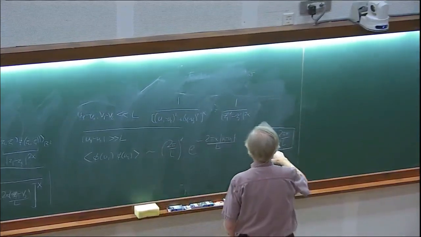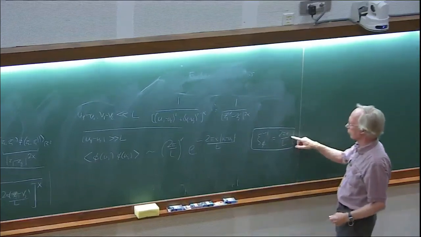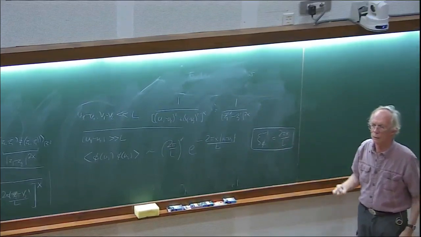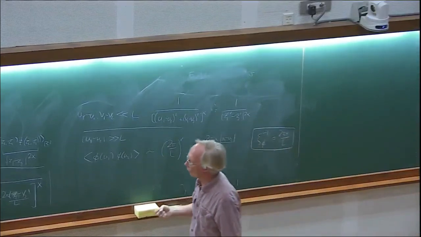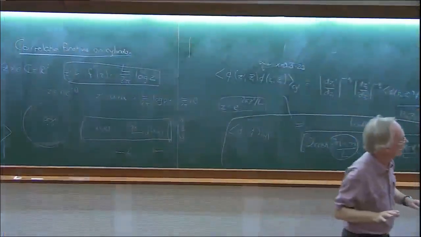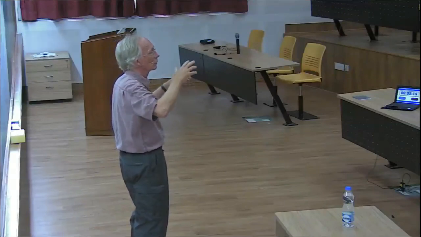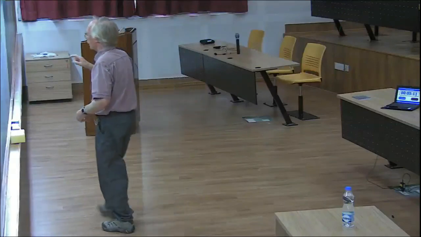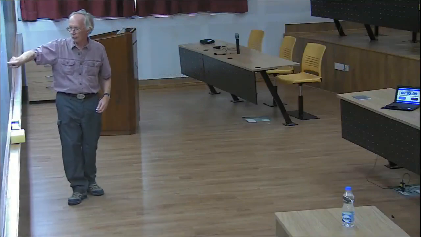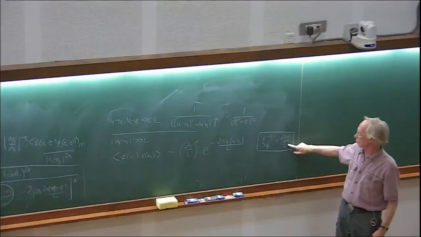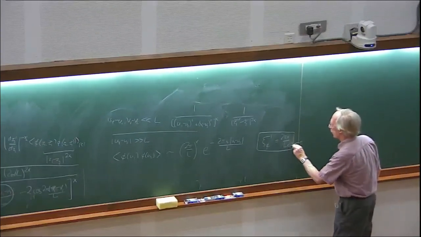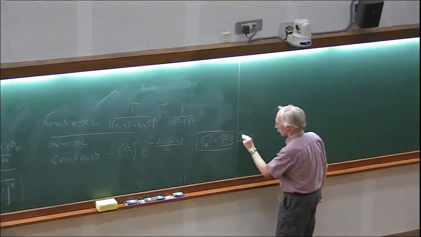And the fact that it goes like 1 over L is an example of what's called finite size scaling. If we were not at the critical point, the correlation length in the strip would depend on both L and the true correlation length in the infinite system. But the true correlation length in the infinite system in the plane is infinite, so that doesn't come in. And the only length scale in the problem is L, so it has to be proportional to 1 over L. This is what's called finite size scaling.